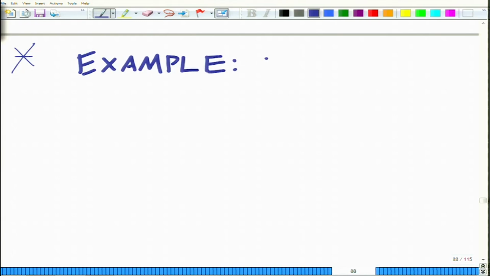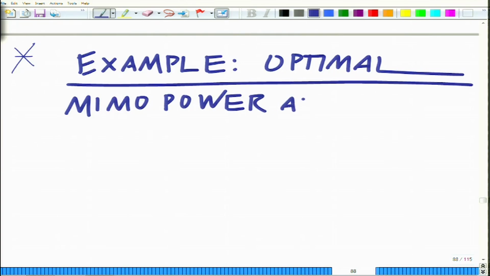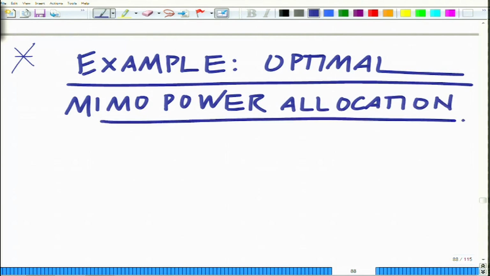To understand this concept of optimal power allocation, consider the channel matrix.